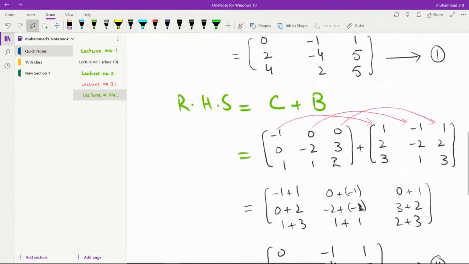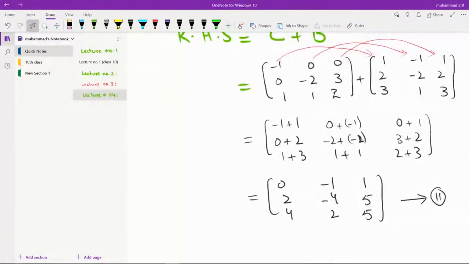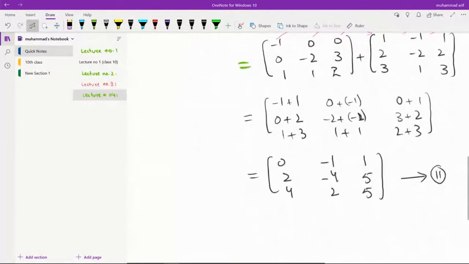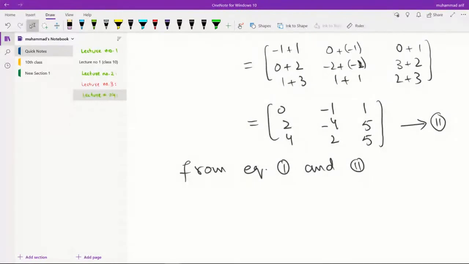Here we see that equation number 1 and equation number 2 are same. From equation 1 and 2, both equations are same.